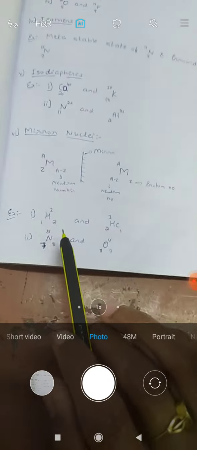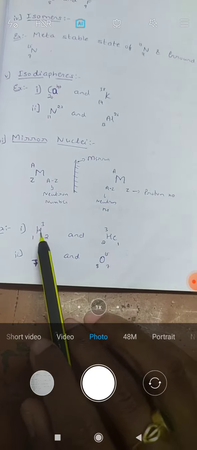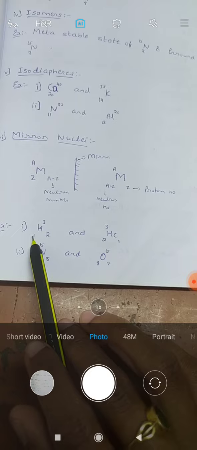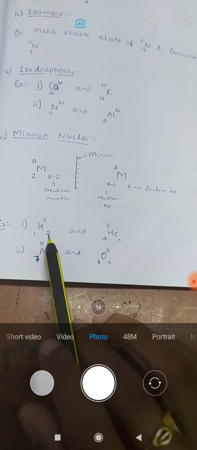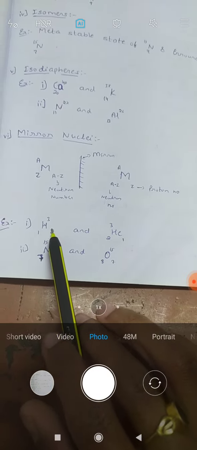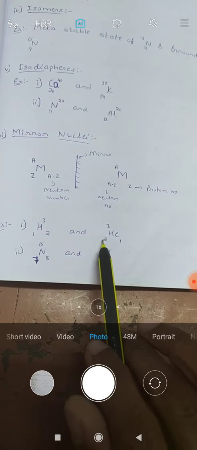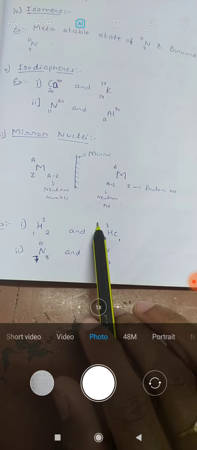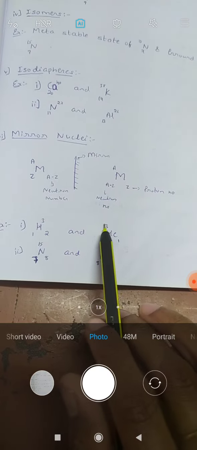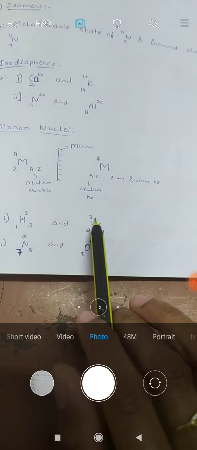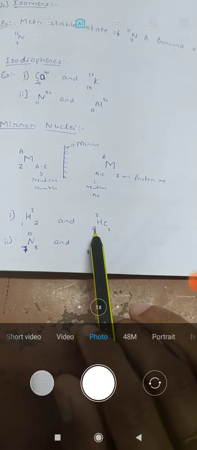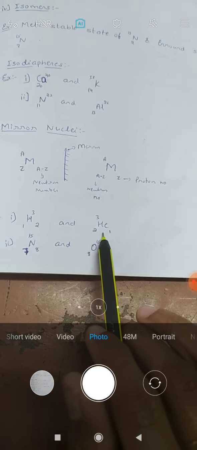Example, hydrogen with mass number 3 and atomic number 1. So 3 minus 1, that is 2. It consists of 2 neutrons. In case of helium atom, it has mass number 3 and 2 protons. So 3 minus 2, that is 1.